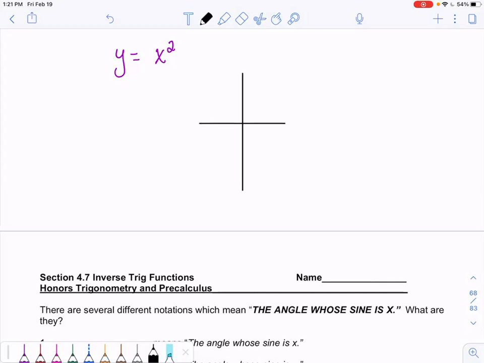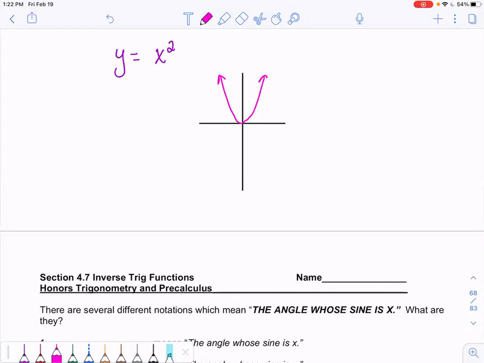So again, just to get you into the thought process, a parabola is a U, something like this. We talked about these in chapter 1, which was September, October-ish, and you also talked about them last year in chapter 6.